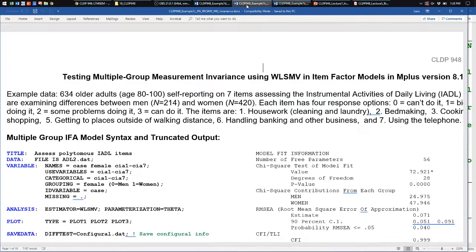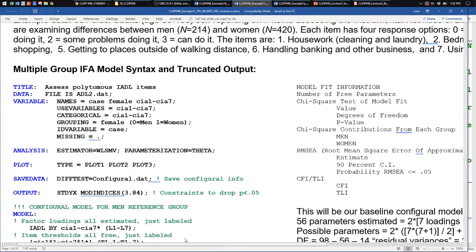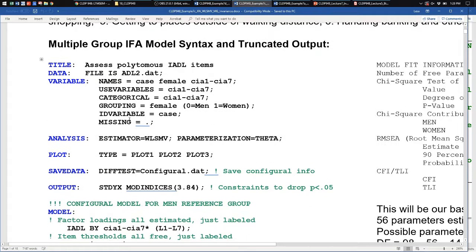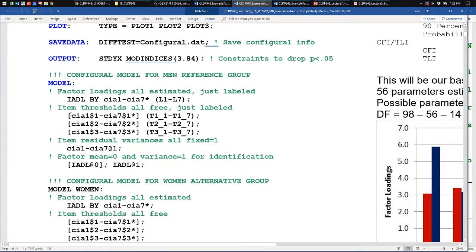In IFA, when you are fitting an ordinal response model in which the factor linearly directly predicts the logit or the probit of the response instead, such as in this example we started, which is 7C, when you invoke this categorical option, and you're using either WLSMV or ML, then the code changes to look like this with respect to the locations.